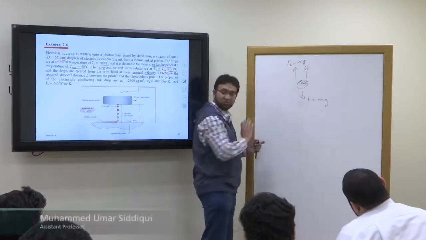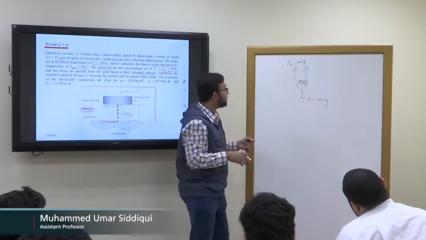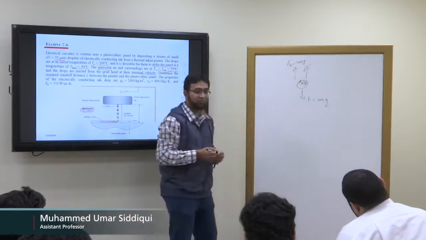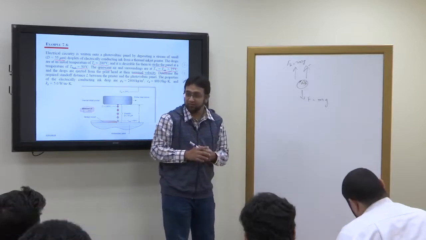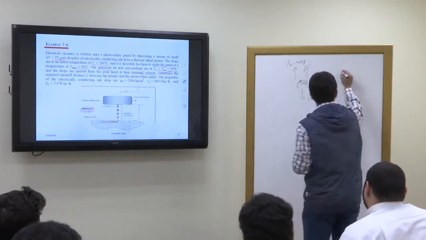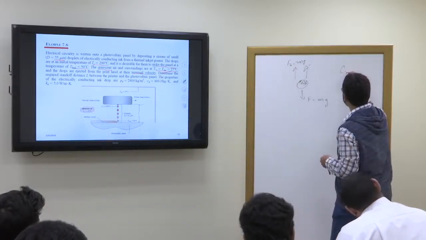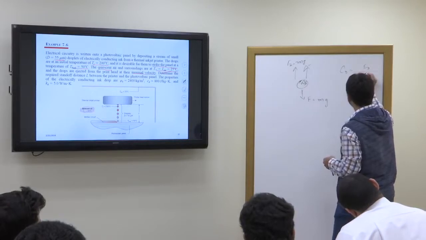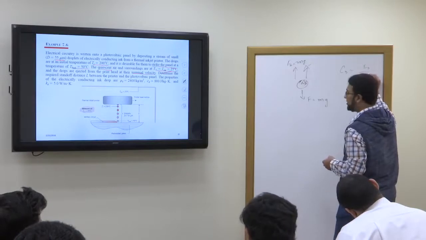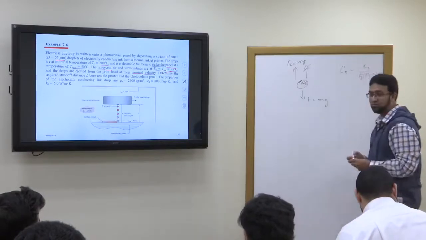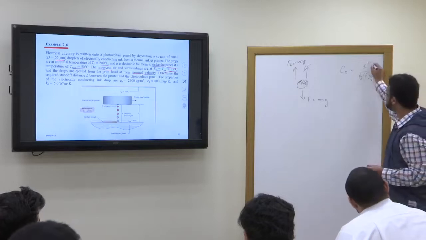That's the buoyancy force. Along with that, you have the force of drag. We determined that CD is equal to FD upon frontal area into rho V square upon 2. Remember? From this we get FD.